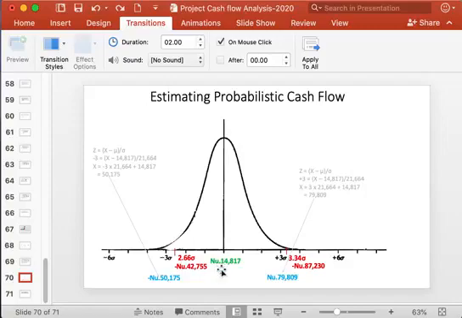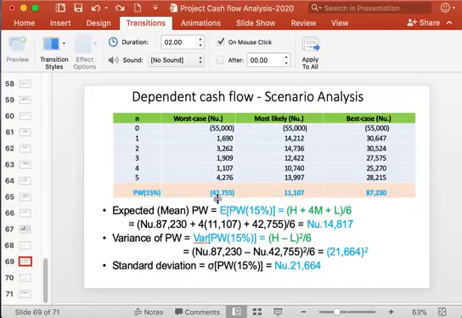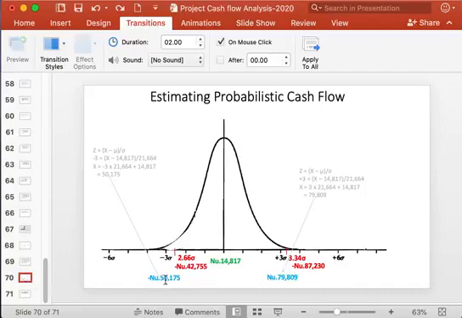Okay, so in this case the mean is same, which is 14,817, but in this case the 42,755 corresponds to minus 2.66 sigma, which is inside this minus 3 sigma.